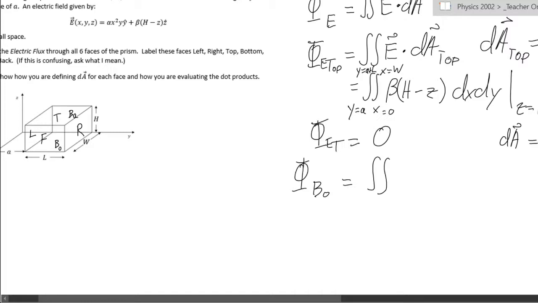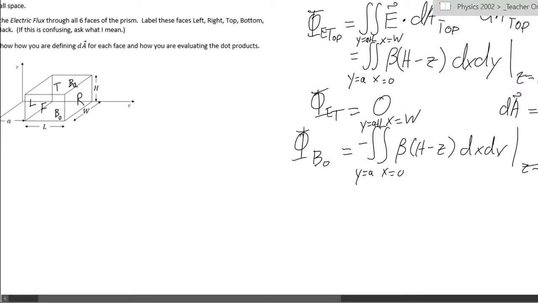Now we have beta times h minus c with a negative sign out front, dx dy, going from x equal to 0 to x equal to w, y equal to a to y equal to a plus l, and we're evaluating this for z equal to 0 because every point on this bottom surface has a z value of 0.